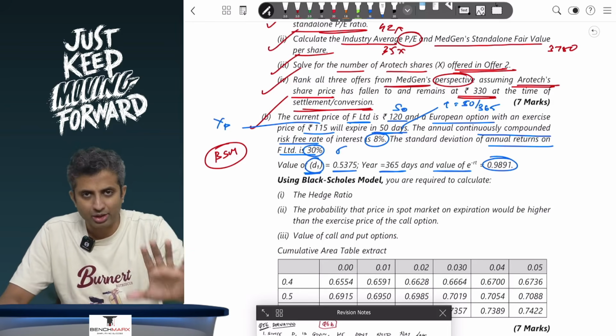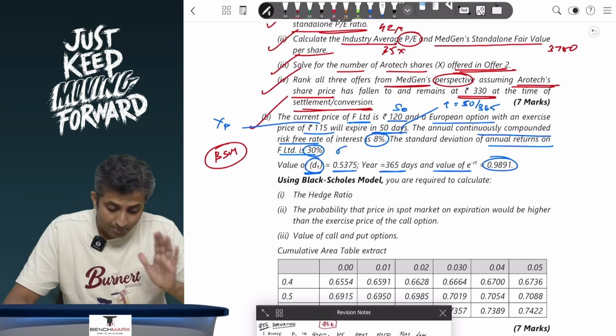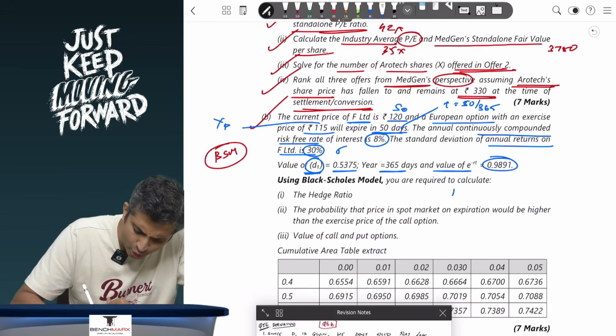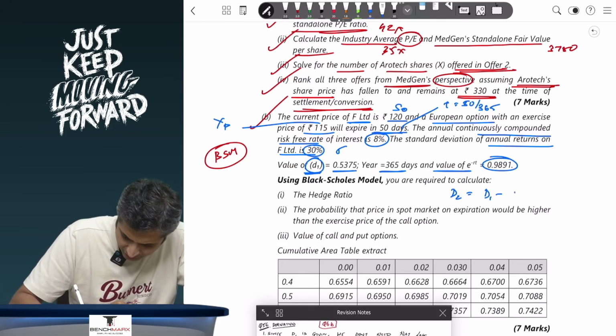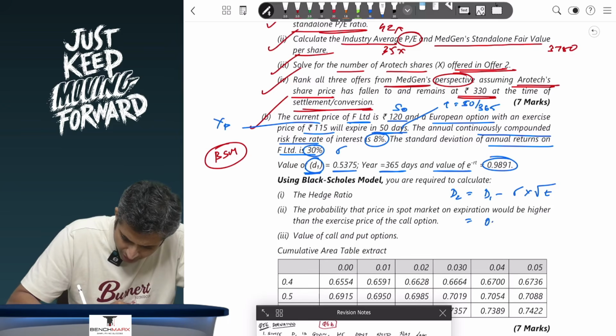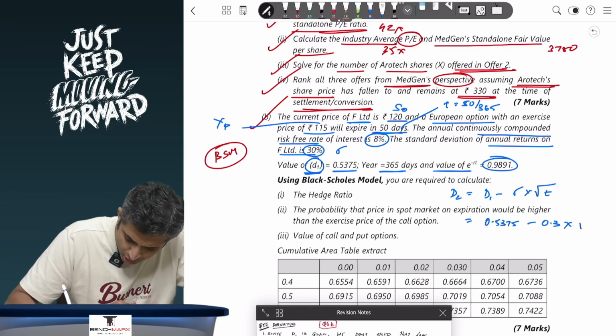Step number 2, you calculate D1. D1 is already given. But from that, D2 has to be calculated. Well, D2 is calculated as D1 minus the denominator, so that is standard deviation into the root of T. So over here, this is 0.5375 minus 0.3 into the root of 50 divided by 365.